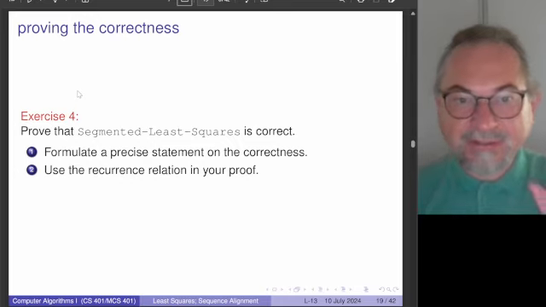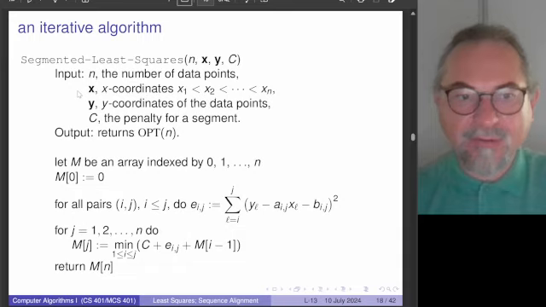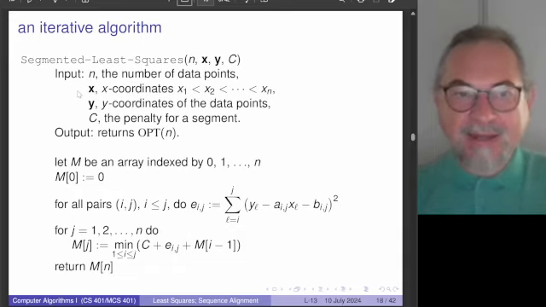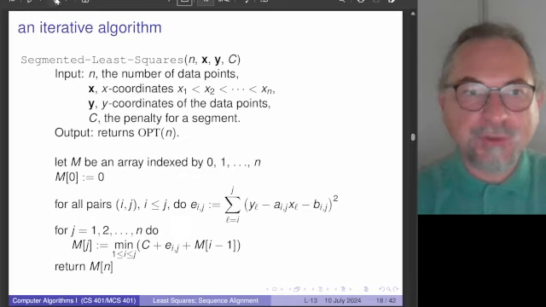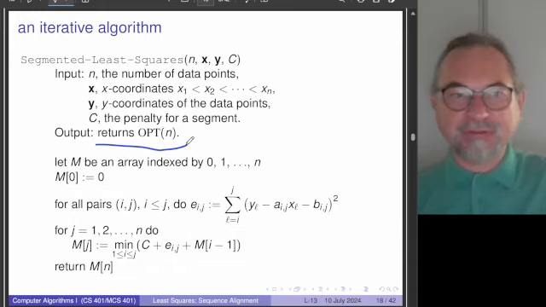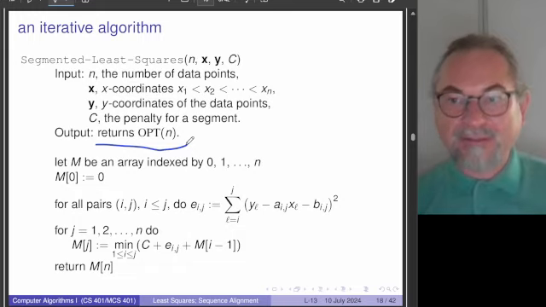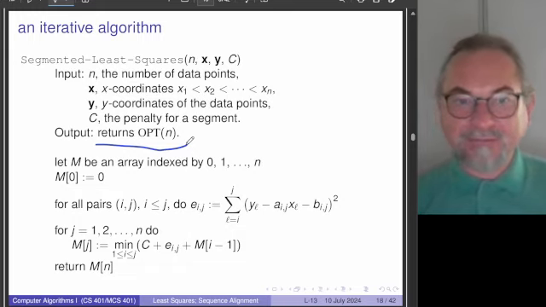So the precise statement on the correctness is that the M, and we'll go back now one slide, the M actually returns OPT. So the output of segmented least squares returns the optimal value, the smallest penalty in the partition. So that is the precise statement.